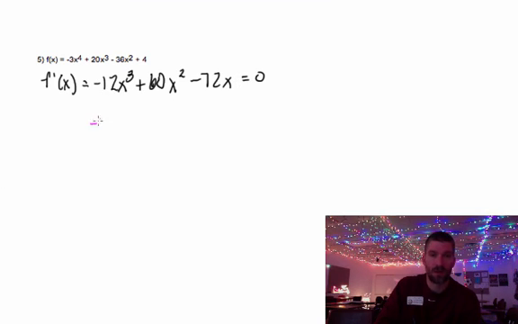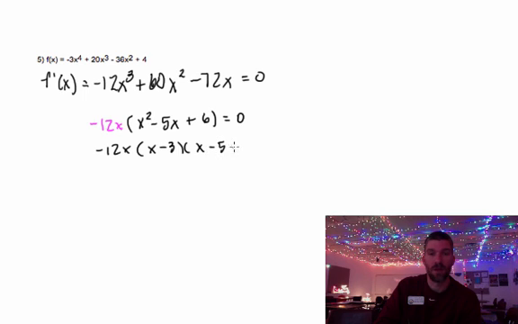So I'm just going to factor out negative 12x, and inside the parentheses that gets me a positive x cubed minus 5x plus 6. Hey, all of this is going to factor. So I'm going to have negative 12x times x minus 3 times x minus 5.